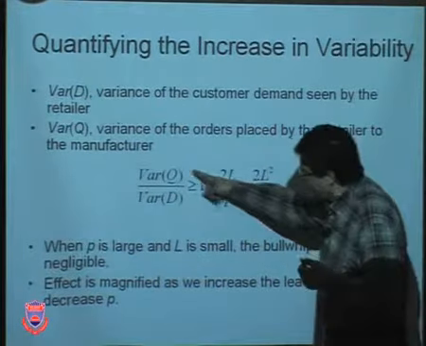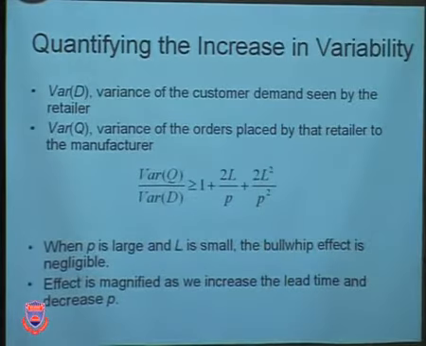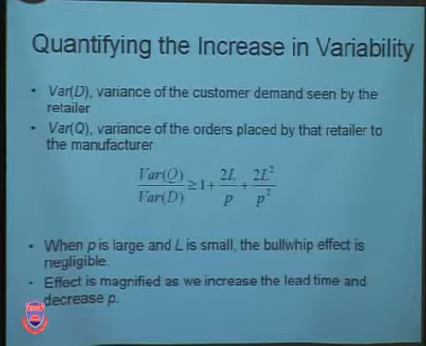So if you take the ratio of variance Q divided by variance T, you're going to be able to observe the bullwhip effect. Because the ratio is going to tell us the rate at which the variability increases. Variability is measured by the standard deviation or the variance.